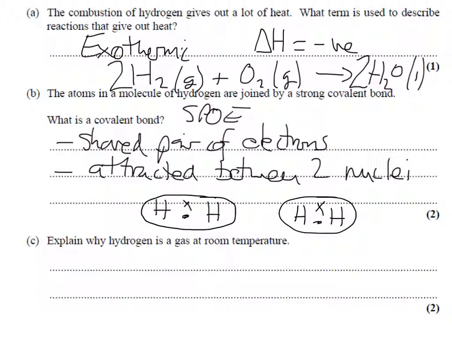And these are attracted to each other, only ever so slightly, by weak intermolecular forces. Intermolecular being between molecules. And because these forces are so weak, it doesn't take very much energy to pull this molecule away from this molecule, so they're further apart.